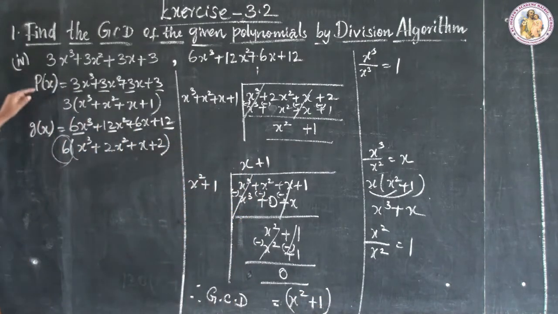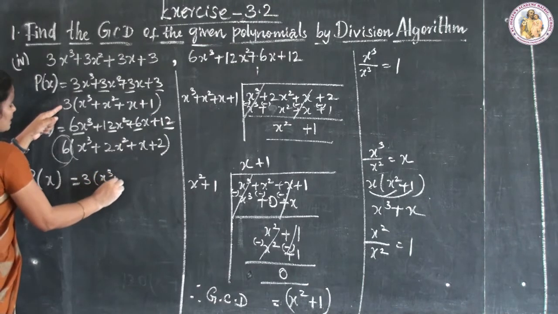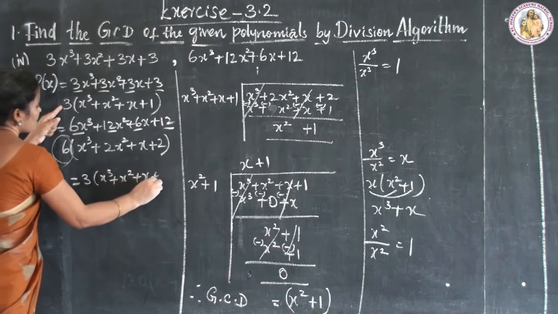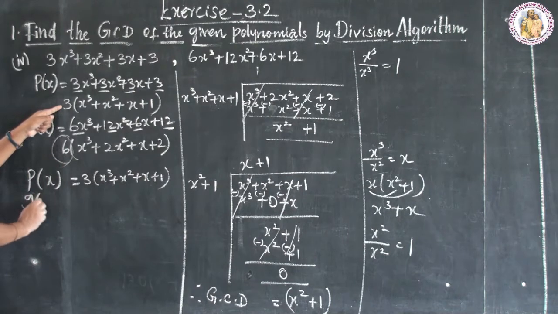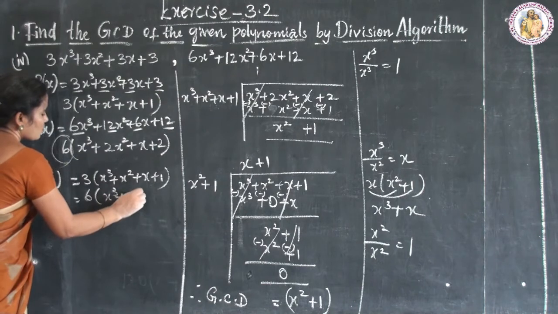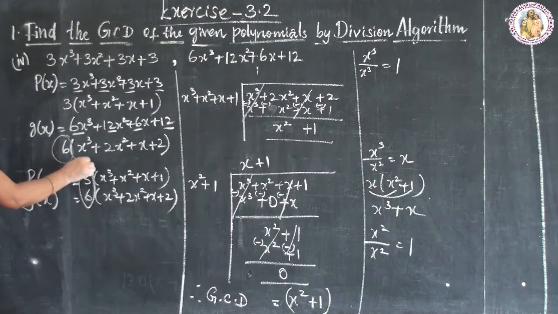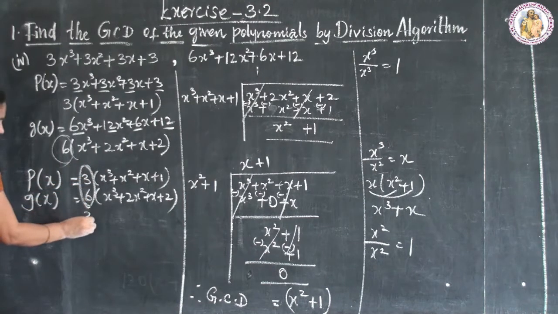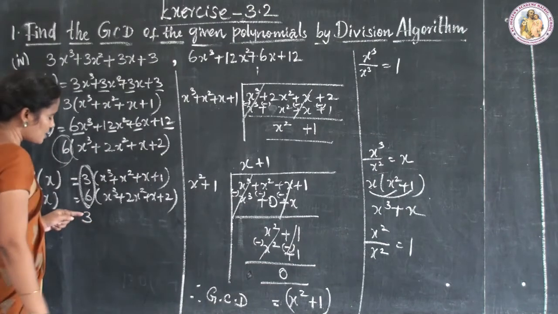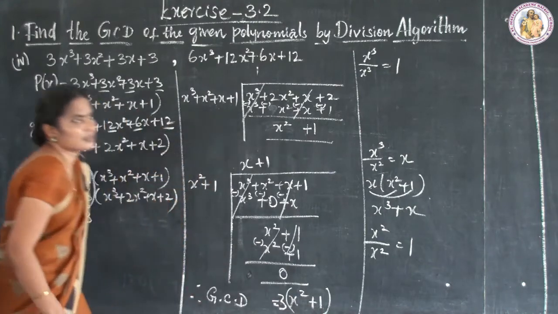But here p of x is equal to 3x cube plus 3x square plus 3x plus 3, and g of x is 6x cube plus 6x square plus 3x plus 6. Here you can see 3 and 6. For 3 and 6 the common multiplier is 3. So while writing the final answer, GCD is equal to 3 times x square plus 1.